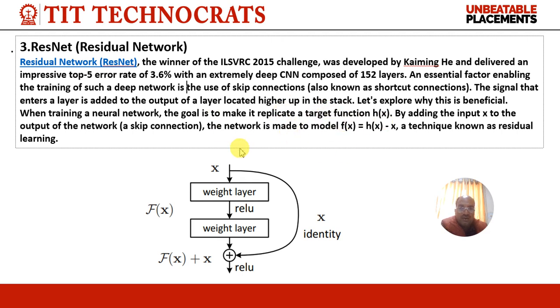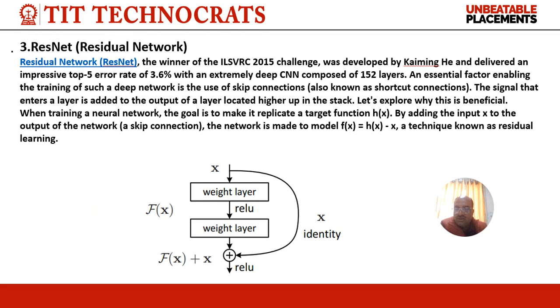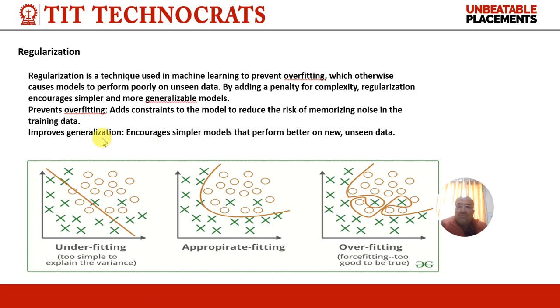Okay, now let us see the architecture of ResNet, and finally here we discuss the regularization technique. Regularization is an important technique used in machine learning and deep learning to prevent overfitting. Overfitting is a kind of challenge in machine learning and deep learning which causes the model to perform poorly on unseen data.